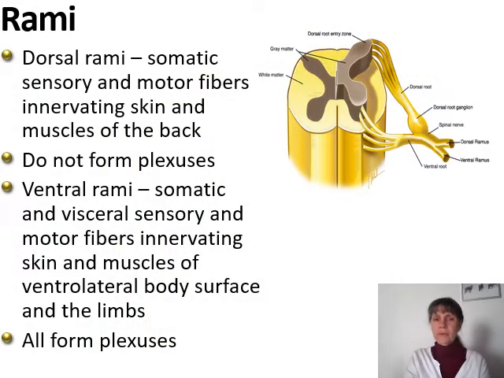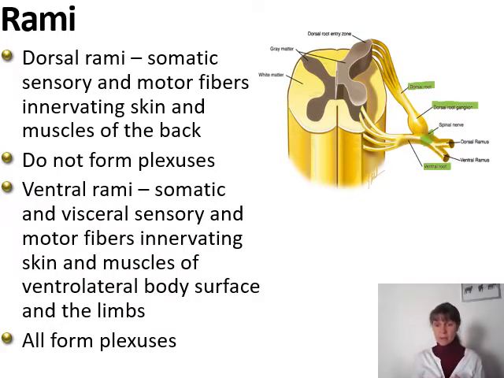When we look more closely at the convergence of the dorsal root and the ventral root, here's the dorsal root, here's the ventral root. How do I know just by looking? Well, I can see the dorsal root ganglion right there. They converge to form a spinal nerve. The spinal nerve is not in and of itself a very big structure because the spinal nerve quickly branches out.